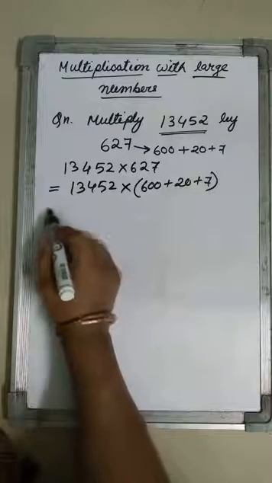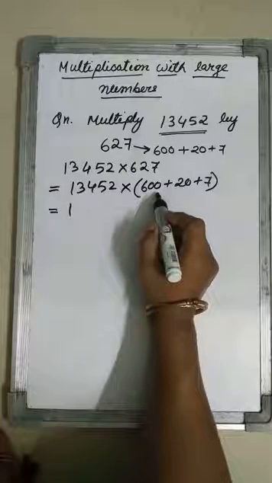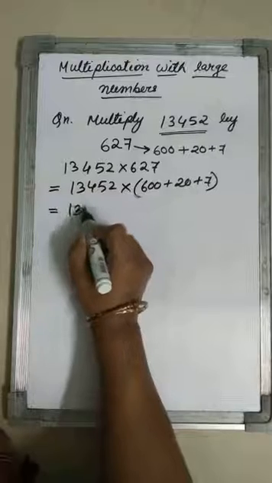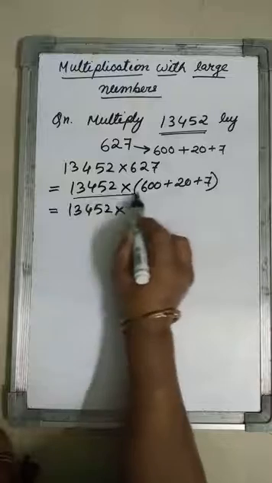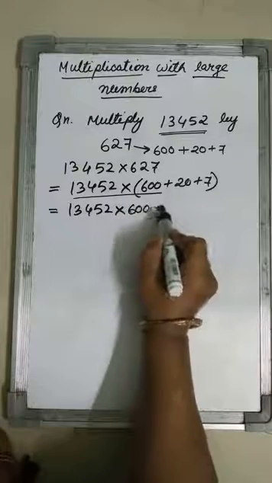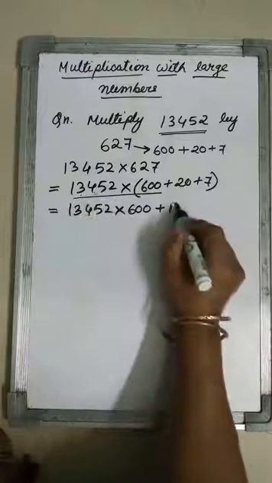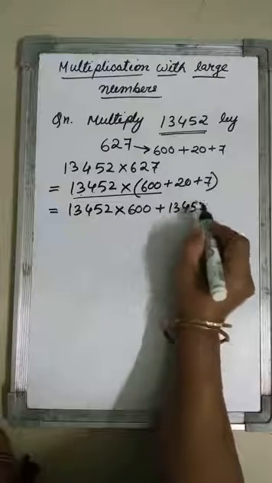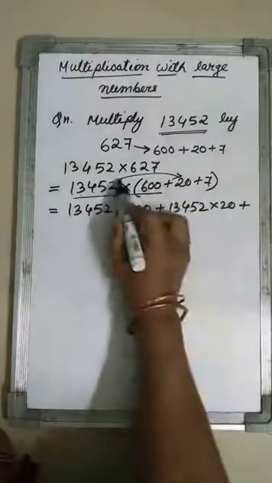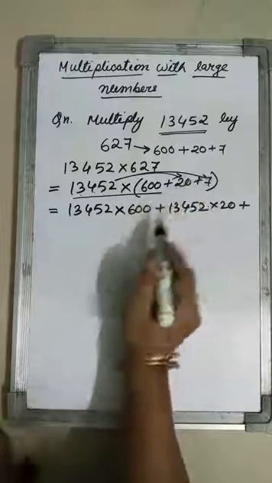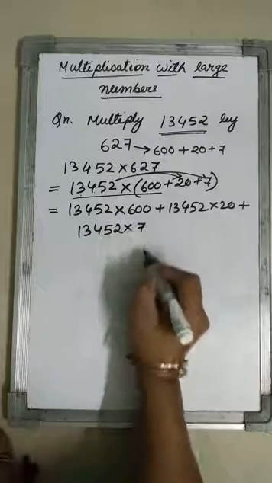Then I am using the distributive property. So 13452 into 600 plus 13452 into 20 plus 13452 into 7.